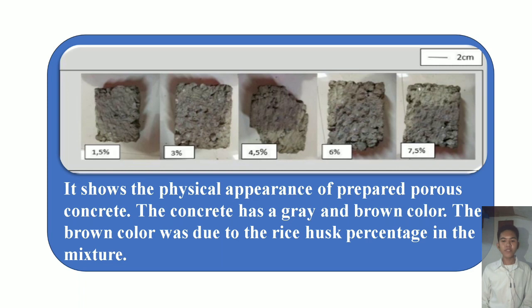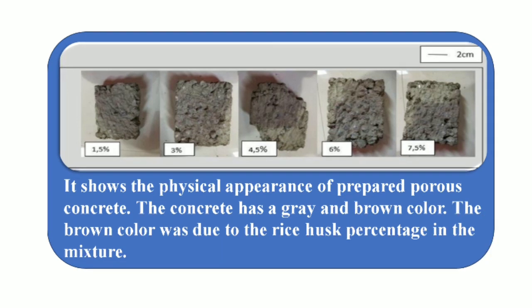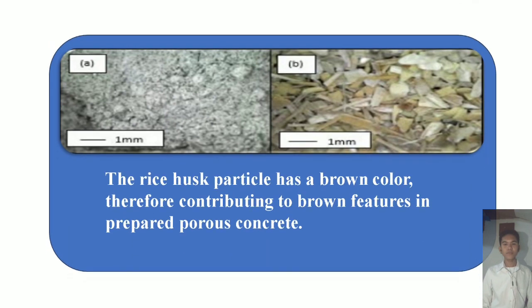Increases in rice husk percentage in the porous concrete mixture resulted in browner color and coarser surface. Meanwhile, the rice husk particle has a brown color, therefore contributing to the brown features in the prepared porous concrete.